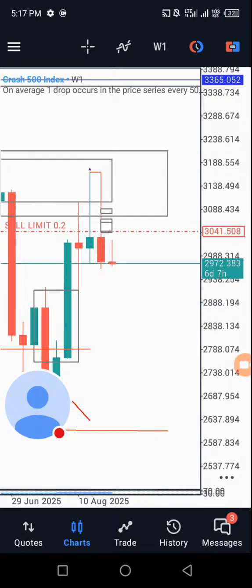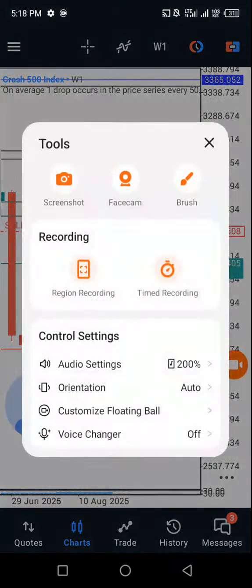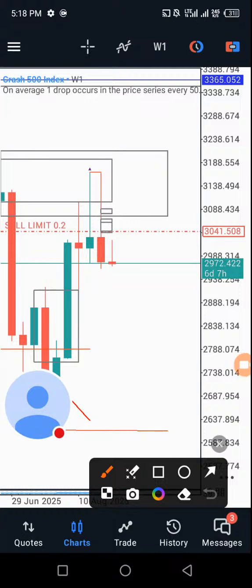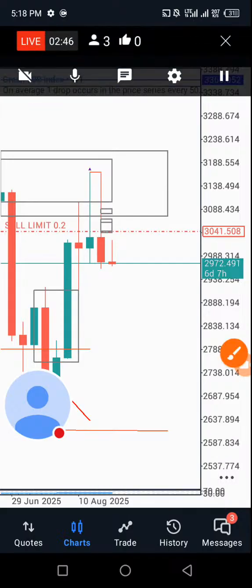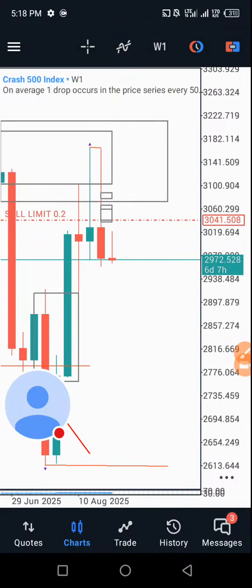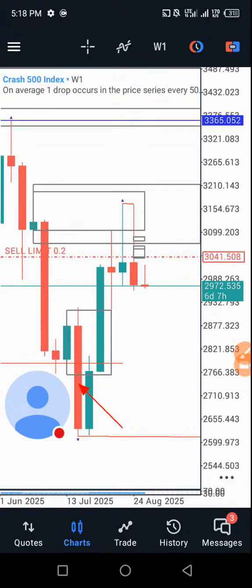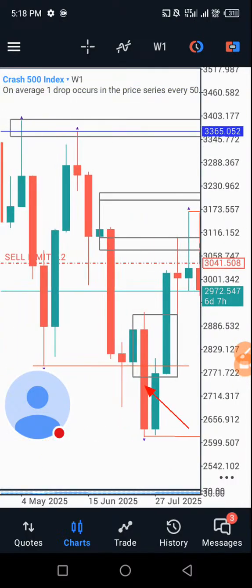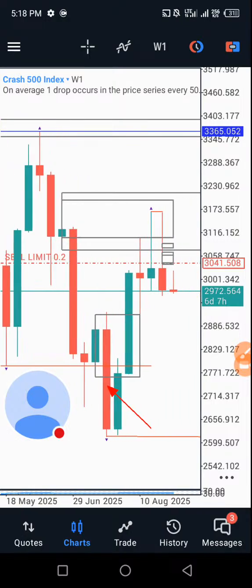Remember that this is the Crash 500 index, right? Crash 500 index. So with what we did yesterday, we'll just do a quick recap so that we can continue with what we have for today.